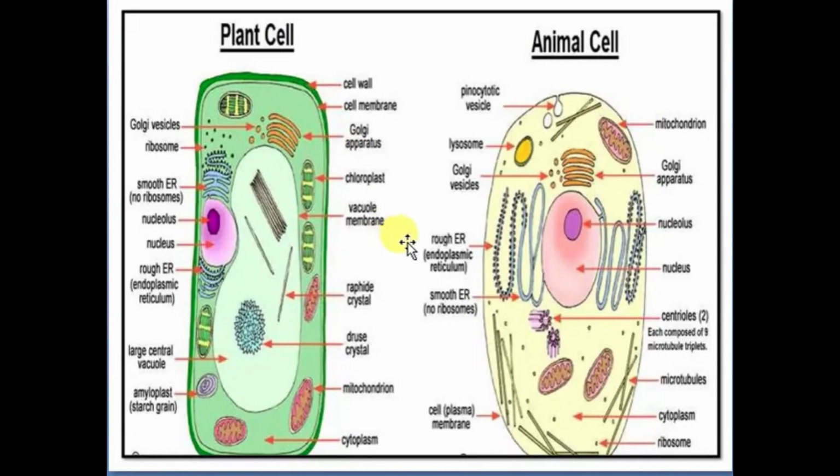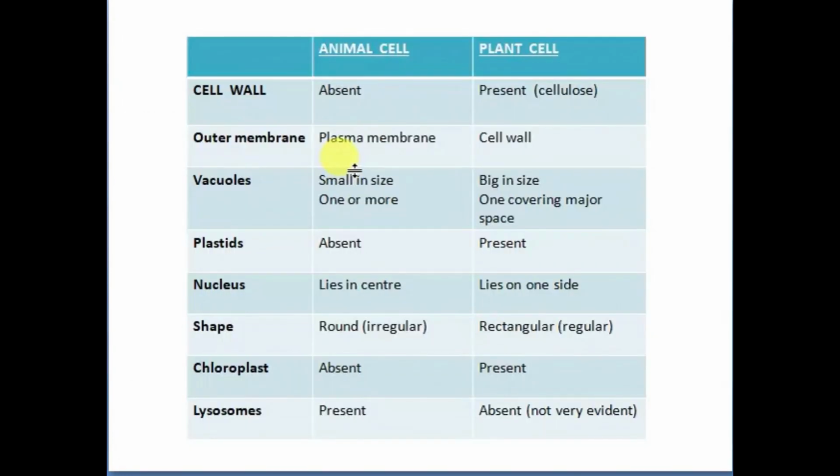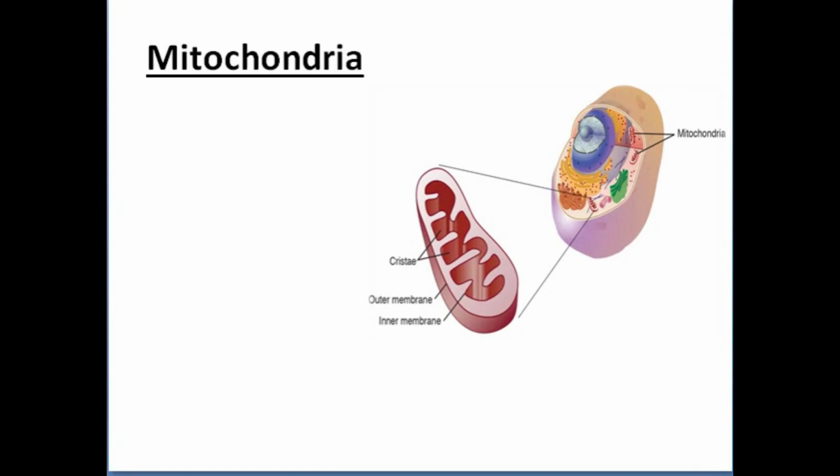We are discussing this component of the cell. Mitochondria has a double membrane. This is the outer membrane, which is slightly porous, then we have the inner membrane. You can see that the inner membrane is not very regular when you compare it with the outer membrane.